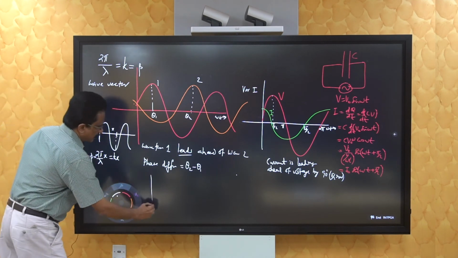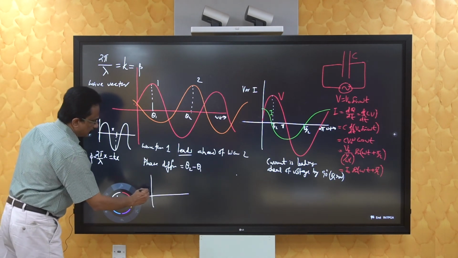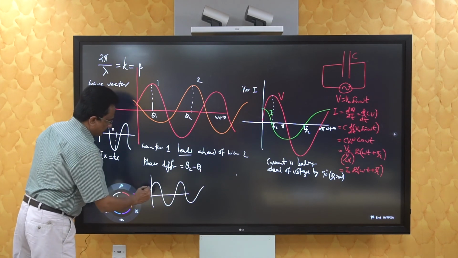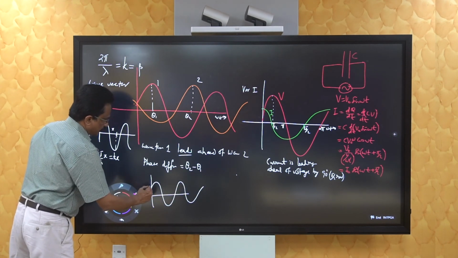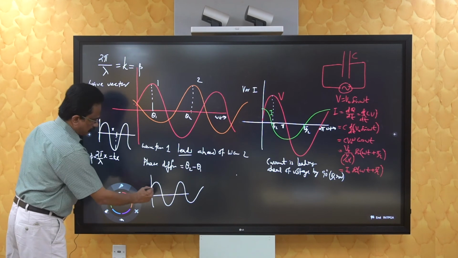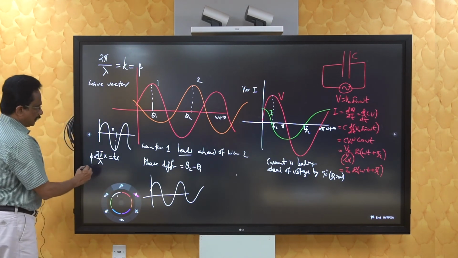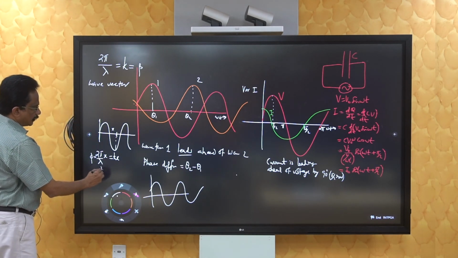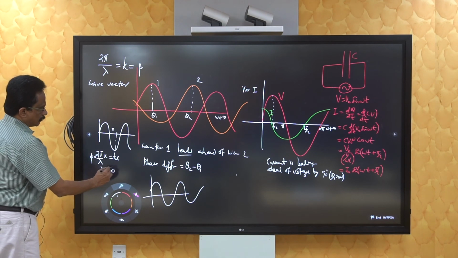And if there is a phase shift here at the beginning, say this phase shift is phi, then the total phase shift is kx plus phi.